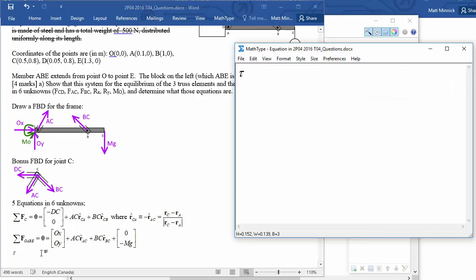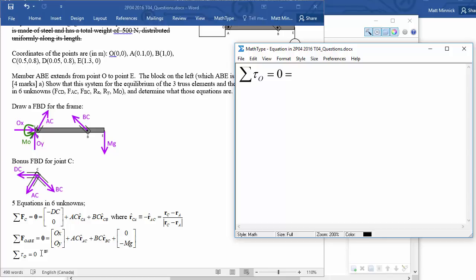So we can pick any point we like. How about the torque about point O? Why not? The sum of the torque about point O is equal to 0. All right, and this would be equal to, we've got the sum of the torque in which direction? Let's say out of the page is positive.